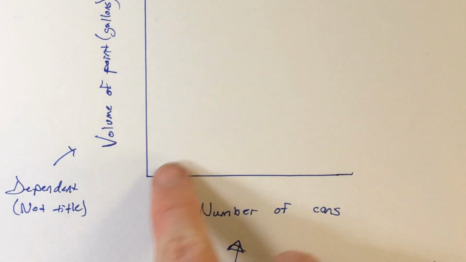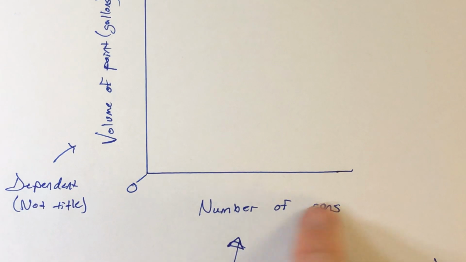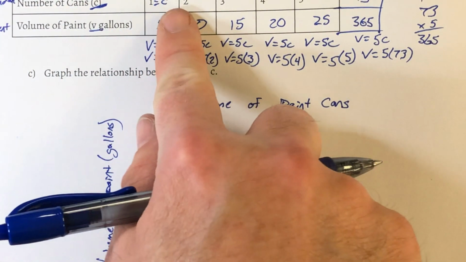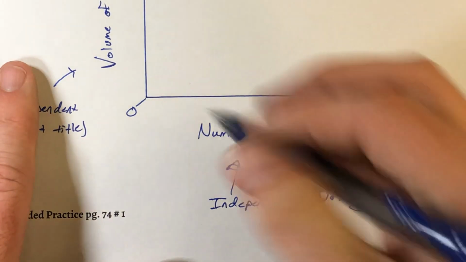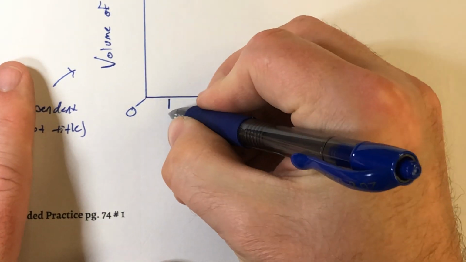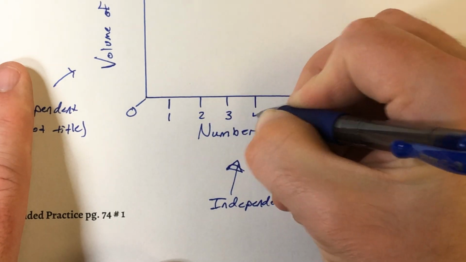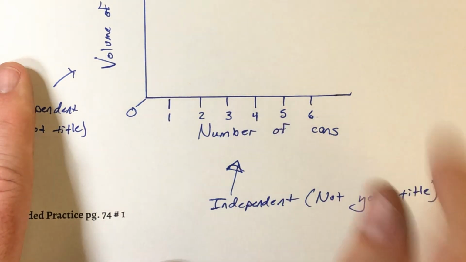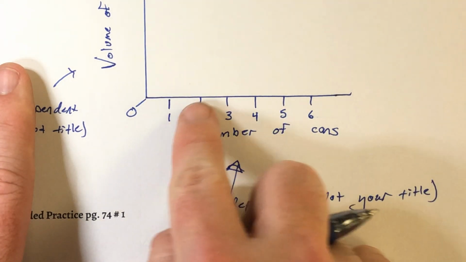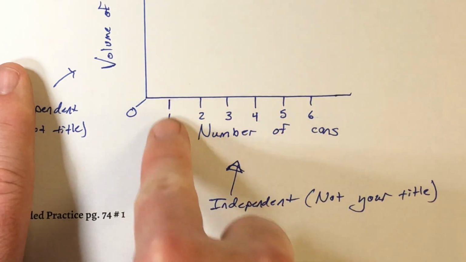All right, now we need the numbers. So first, number of cans, your independent information. So 1 through 5. So we're going to start with 1 and count by ones. So 1, 2, 3, 4, 5. Sometimes it's helpful to go farther. Make sure you space your numbers out evenly. So did I start with 1 and count by ones? Yes, so I do not need a break.